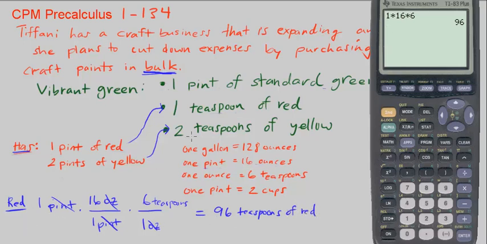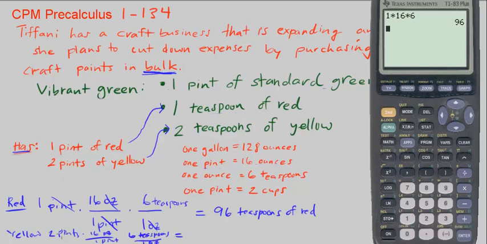If we look at yellow, we start with 2 pints. Again, we multiply by 16 ounces per pint and 6 teaspoons per 1 ounce.